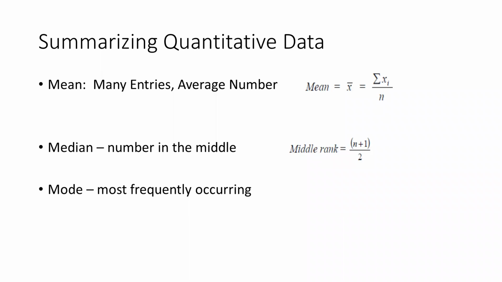The one that happens to be the middle number is identified by n plus 1 divided by 2, where n is the sample size, the number of participants in your study.